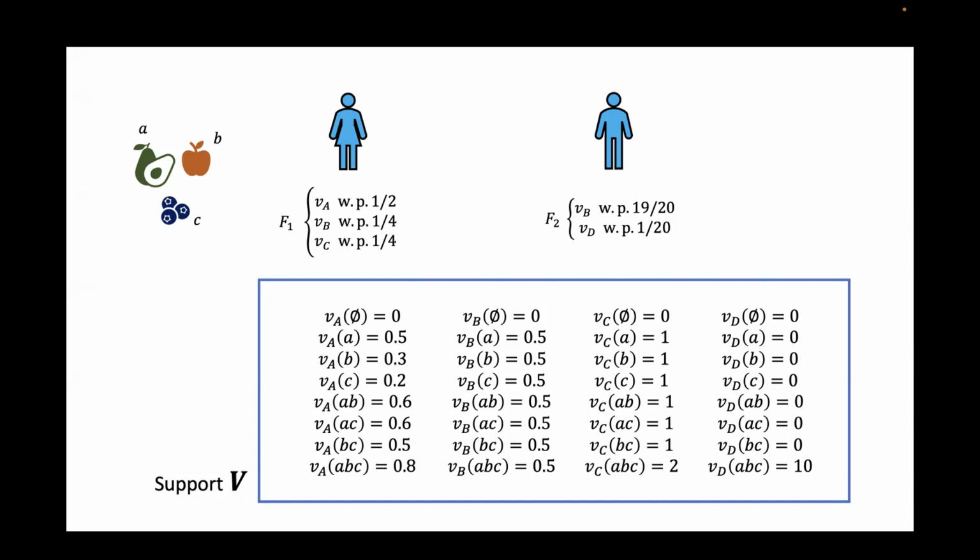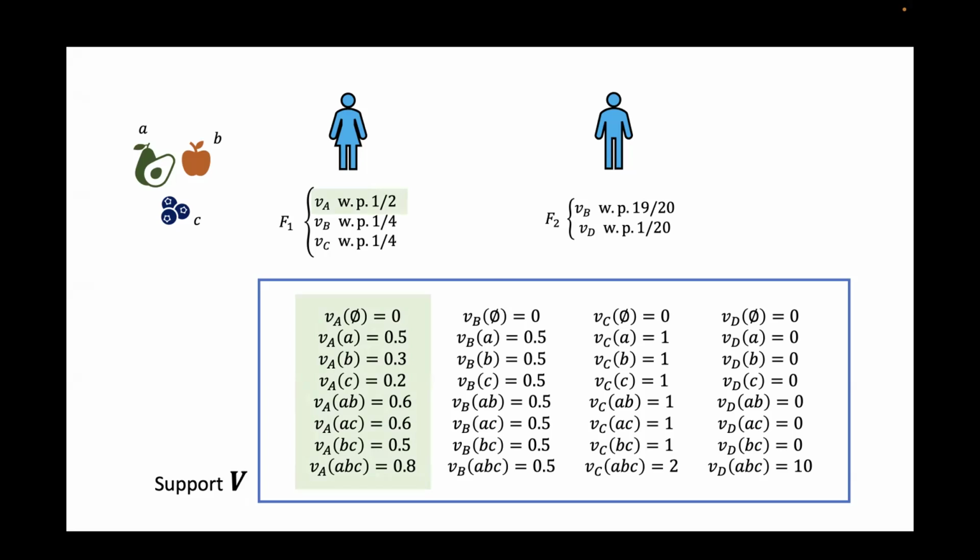As I said, a valuation is a list of 2 to the n numbers, one for every possible subset of the items. We're given distributions. A distribution in this case says the probability that the value is each of these elements in the support. And then when people come, we observe some realization from this distribution.